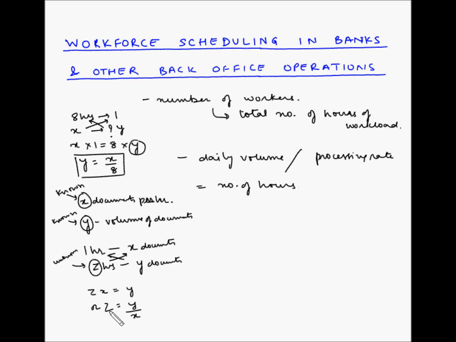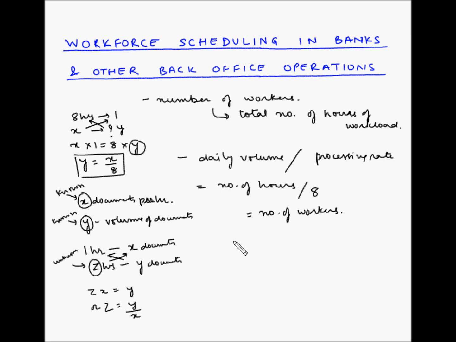So the number of hours is volume divided by the processing rate. So as discussed earlier, using this example, once we have the total number of hours, then if we divide it by 8, we'll get the number of workers.